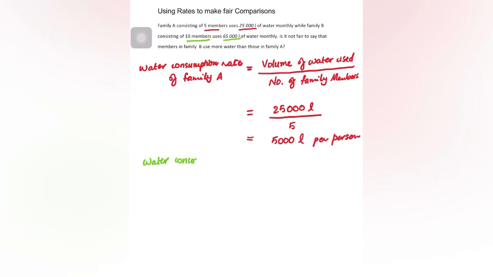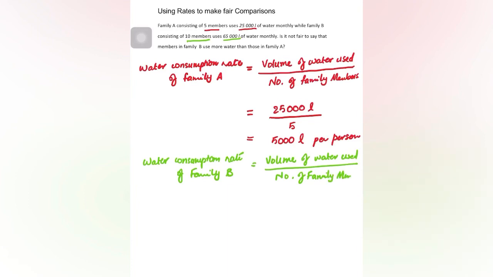So we'll do the similar process for family B. Water consumption rate of family B. Similarly we are going to write volume of water used divided by number of family members, which is 65,000 liters divided by how many?